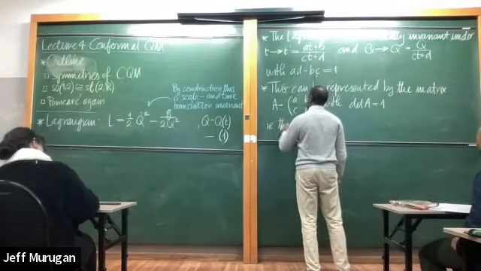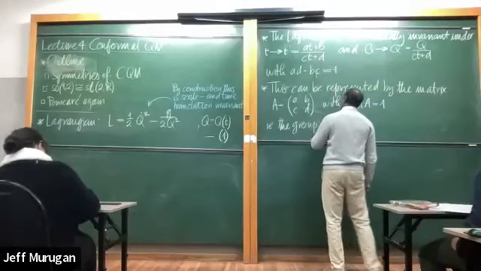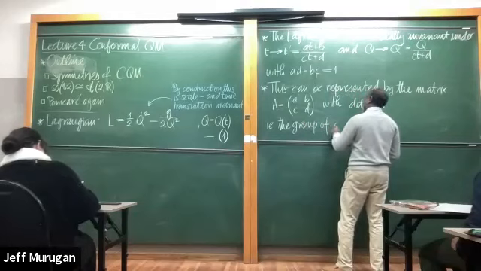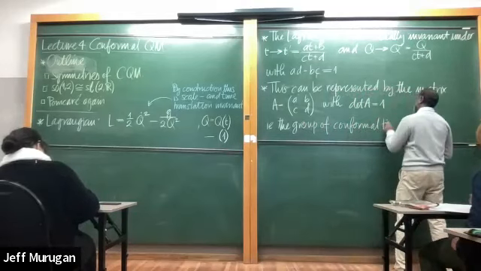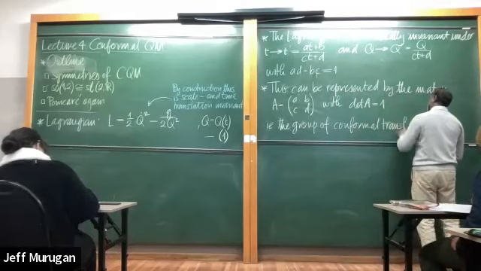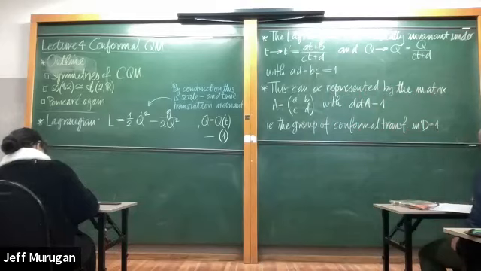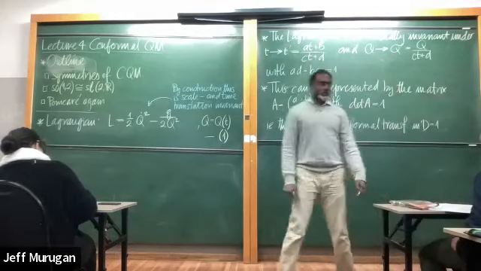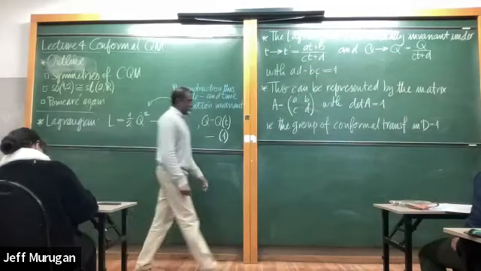So the group of conformal transformations in one space-time dimension. I use capital D in general to denote space-time dimensions, and little d to denote just the spatial dimensions.